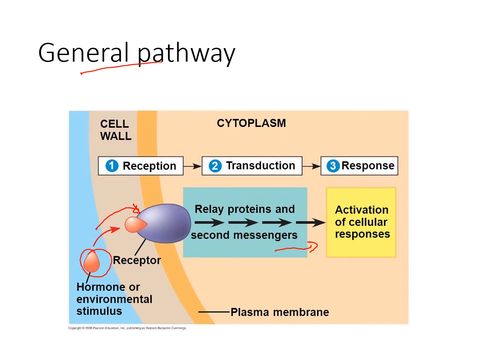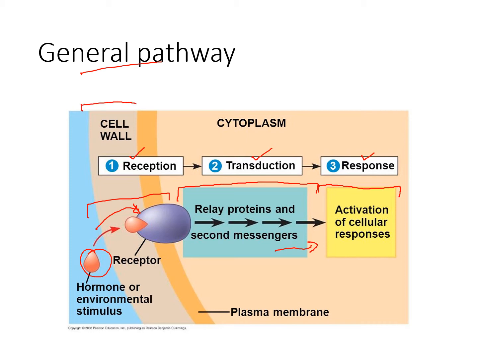So there are three main steps over here. First, the reception. Second is the transduction, and third is the response itself. The reception involves the ligand and receptor. The transduction is the conversion of the receptor signal and also the amplification of the signal by the second messenger until it reaches the effector. The effector will give a response and it will cause the effect that we can see on the cell.